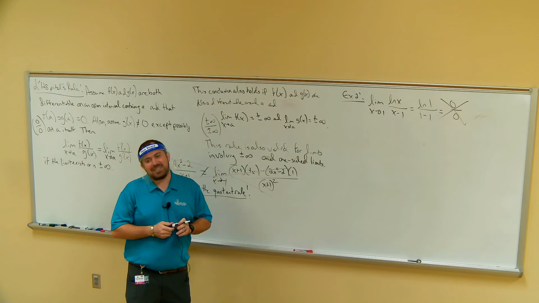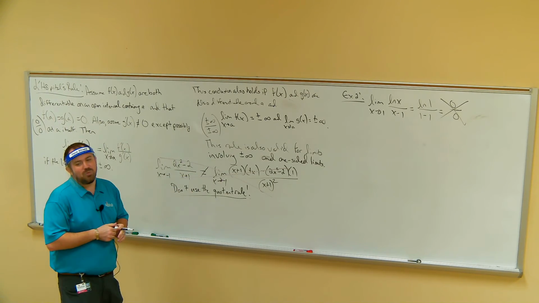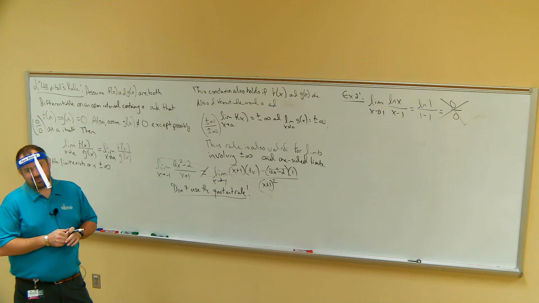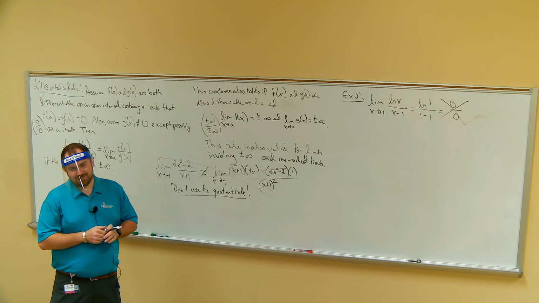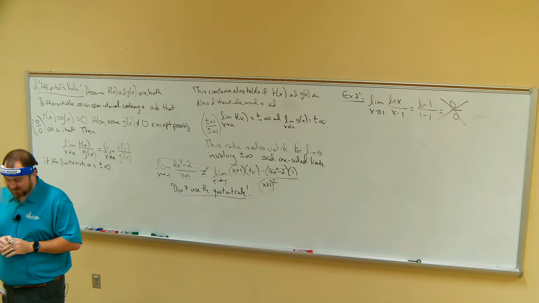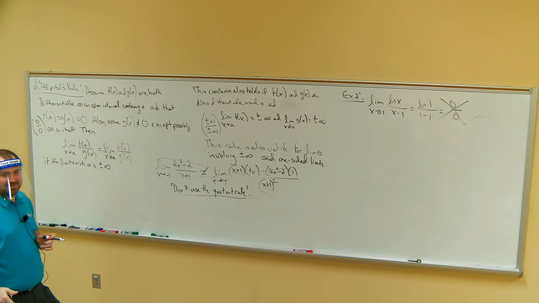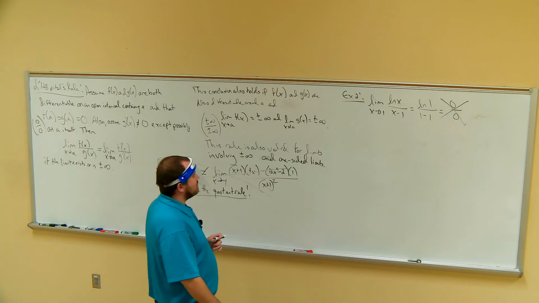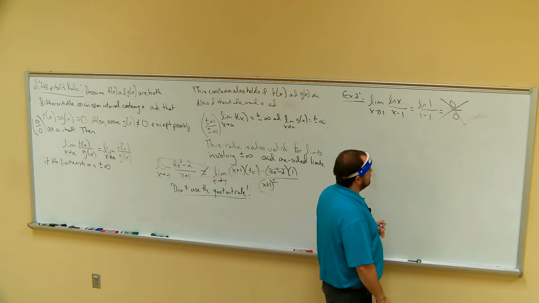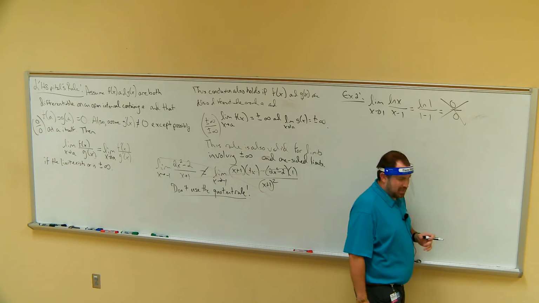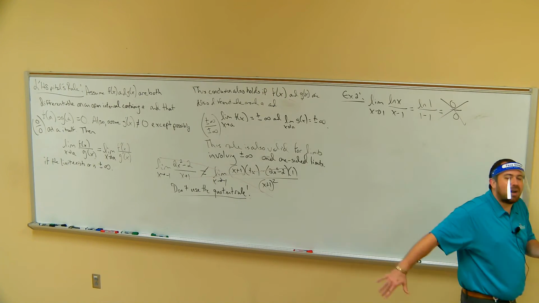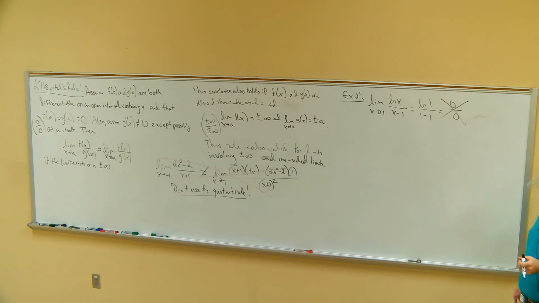Is natural log x differentiable around x equaling 1? Yes. As long as you're coming in from the right, it is, because you can't differentiate from the left since its domain is only positive. So it's not differentiable from the left, but it is from the right. Okay, we can work with that.